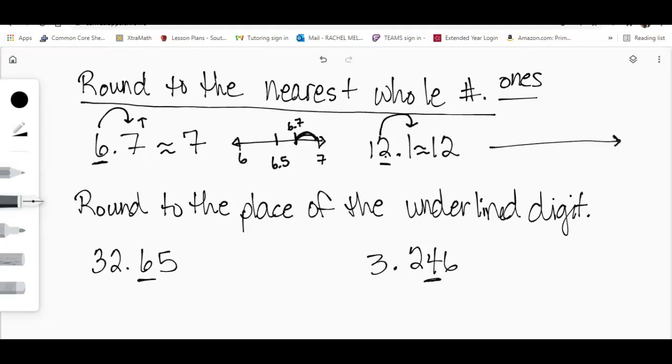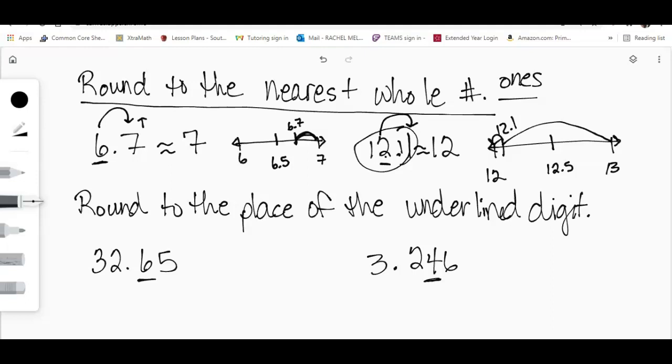Again, if I do it on a number line, if I have 12 here and I have 13 here, the exact middle is 12 and 5/10. But we have 12 and 1/10. So that would be about right here. 12 and 1/10 is definitely closer to 12 than it is to 13. Because that's a very small hop. It's only 1/10 away from 12, but it's 9/10 away from 13.